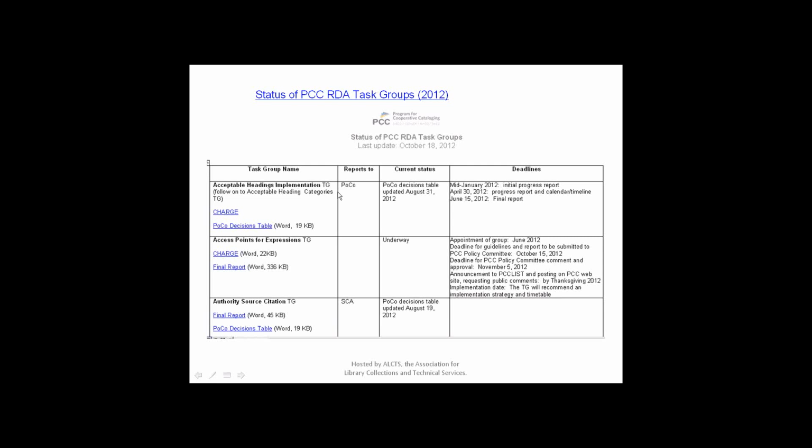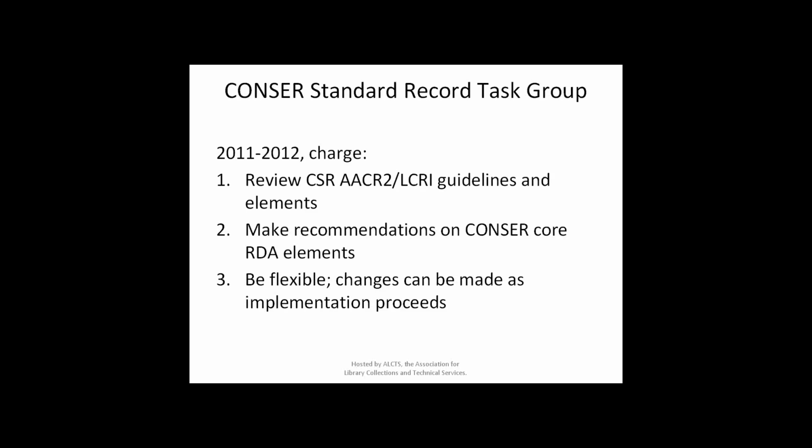Each of these task groups has a charge, it gives a final report with the recommendations, and then the POCO or the PCC policy decisions are recorded in what we're calling a POCO decisions table.